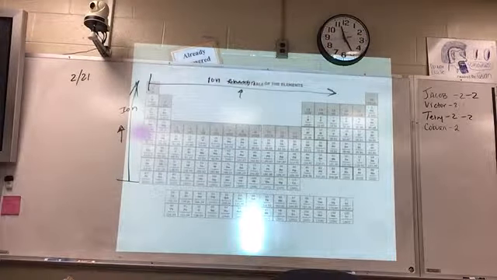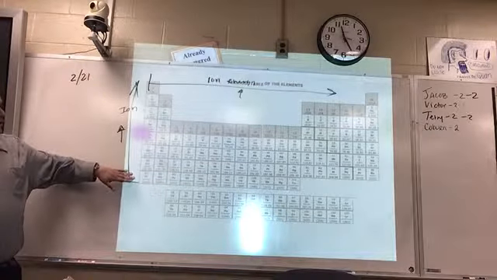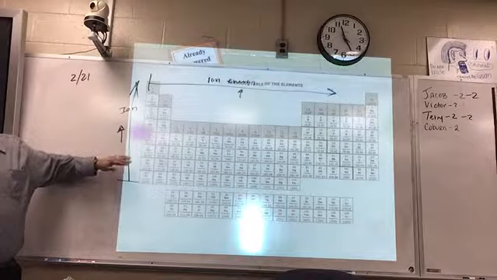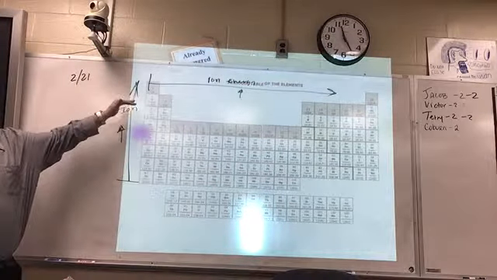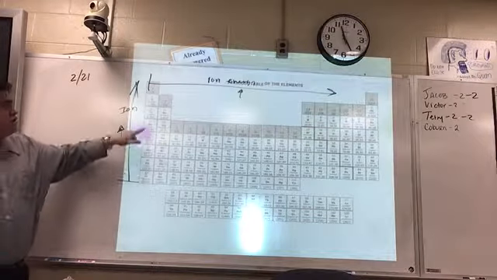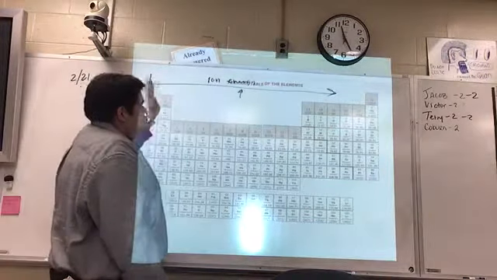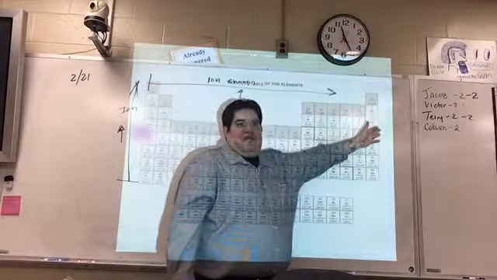Remember, in other words, the way I look at it is this. The amount of effort you got to do to steal her away increases as you go up the periodic table. Don't got to work that hard, got to work really hard. But the energy that I spend to try to take her away increases even more as I go to the right.